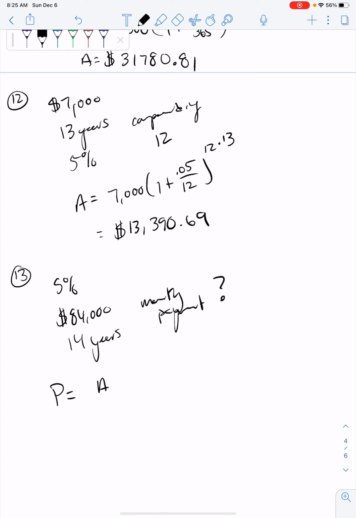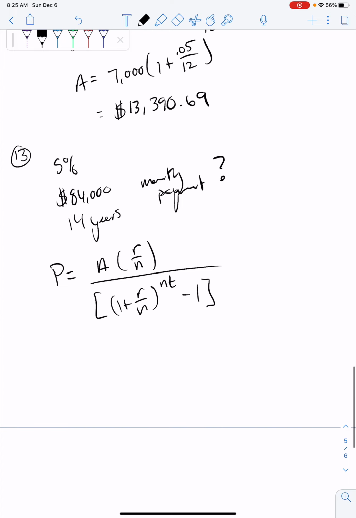So it's A multiplied by R over N, all divided by bracket 1 minus, oh, I'm writing down the wrong one. Bracket 1 plus R over N raised to the NT minus 1, close bracket.